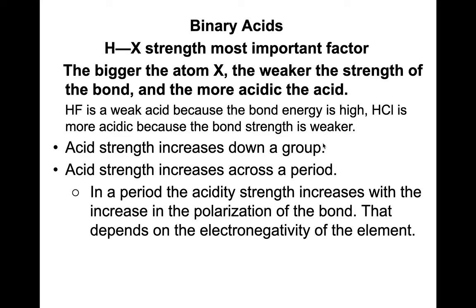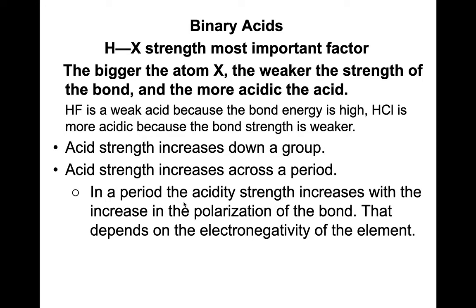So in general, we can see our acid strength increase down a group. So down a column on the periodic table, we'll have stronger and stronger acids as our atoms get bigger and bigger and the bonds get weaker. Acid strength will also increase across a period, so across a row. This is mostly due to the charge increasing, so they'll get more polar as we go across a period.